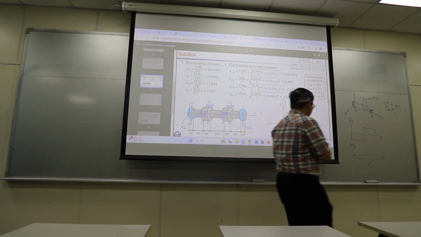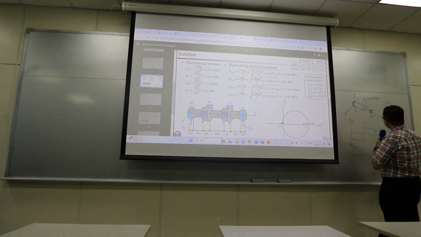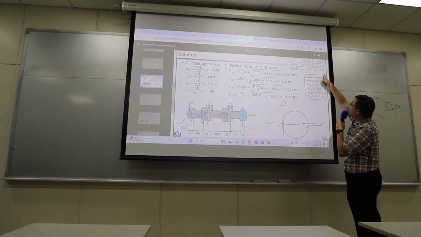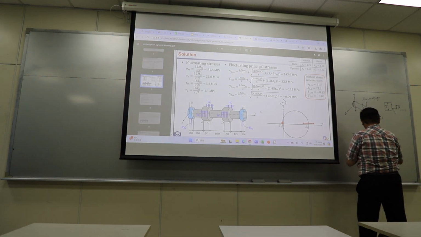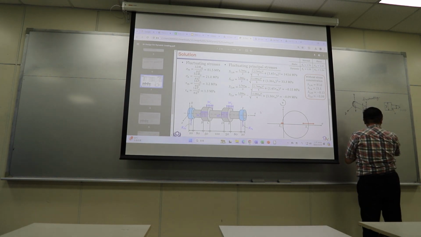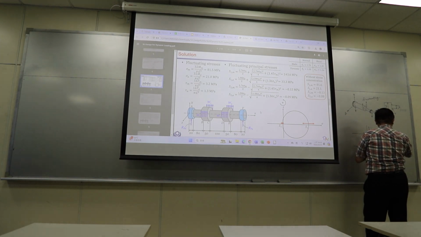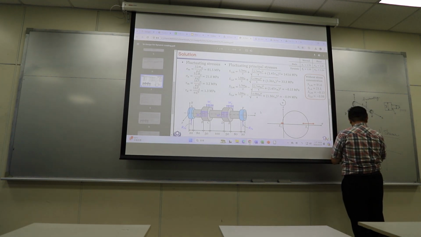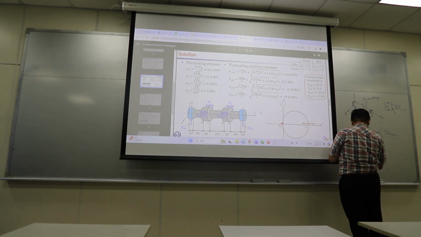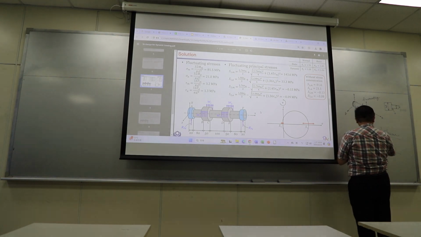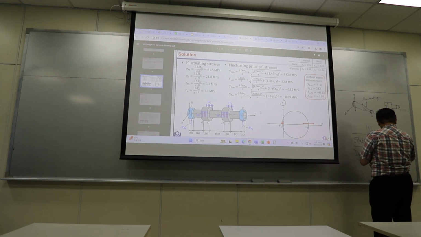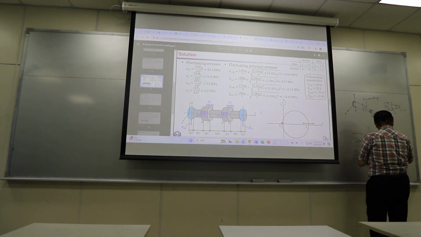So I will draw a table to remind you, like what I did here. So you may have normal stress, you may have shearing stress, you may have static loading or dynamic loading, right? So this one you have Kt, this one you have Kf, oh no, this is Kts.